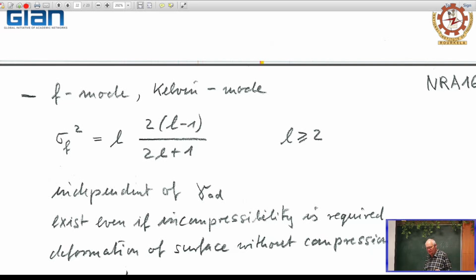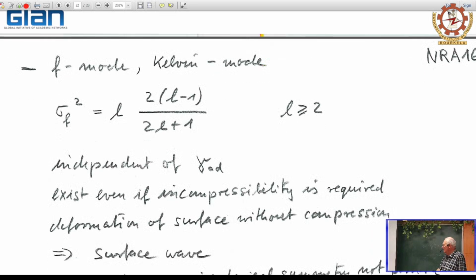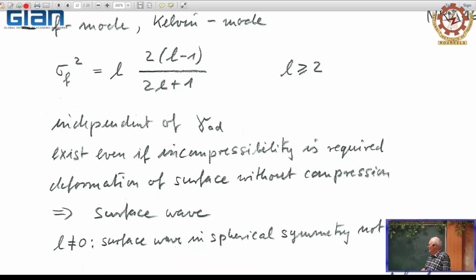It's a surface wave in spherical geometry. Well, you cannot have a surface wave in spherical geometry keeping the volume of your star fixed, because if you want to change the volume of your star, then compressibility will enter.